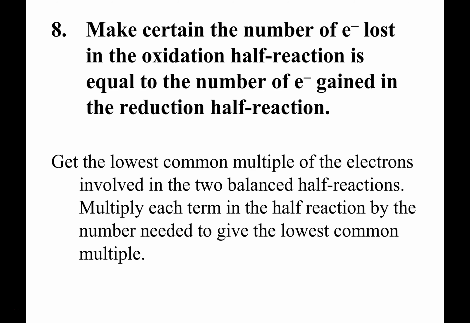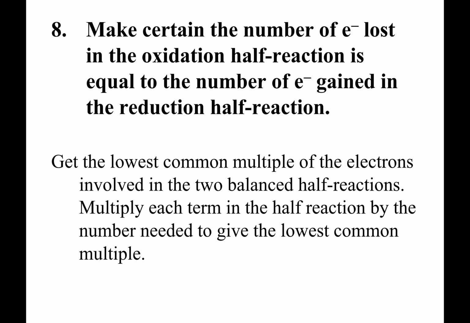At that point, you're back to something you've done before because you made it equal for charge in the half reaction, and now you're going to find that lowest common multiple, I guess it is, so that you're going to look at both half reactions and make sure that whatever electrons are given up are going to be consumed over here.